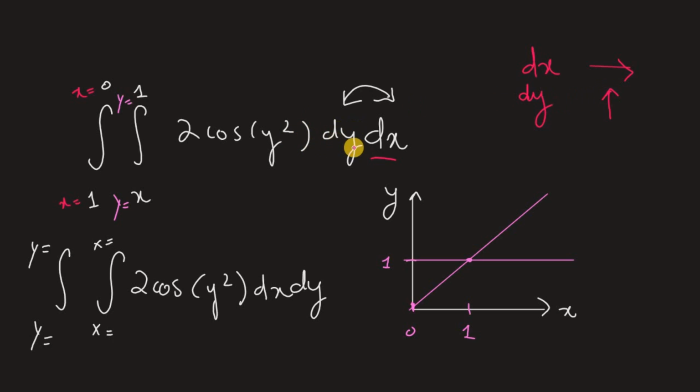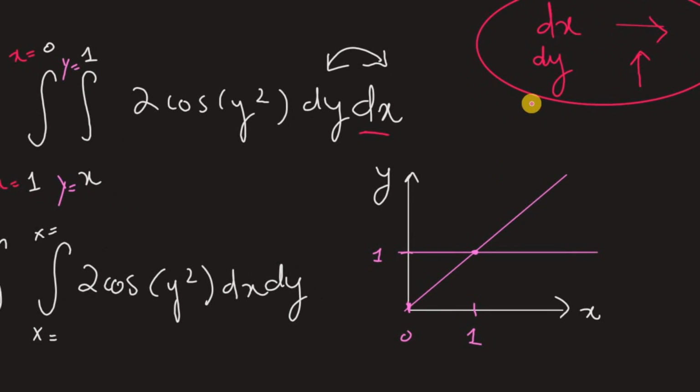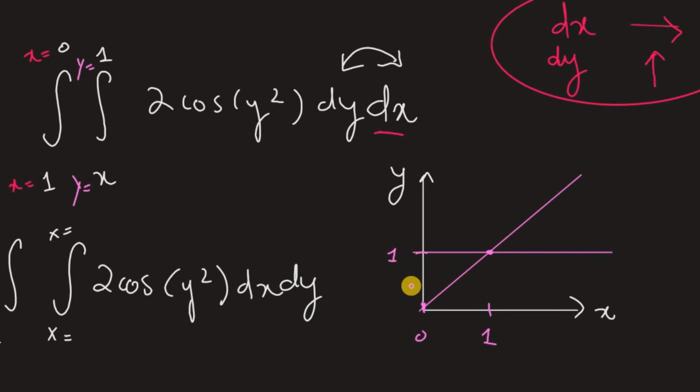Like here you were going in the dy direction, so we went upwards from bottom to top for this equation. So here, in order to go in dx first, we need to go from left to right. So let's go ahead and go in the graph from left to right, just like that.